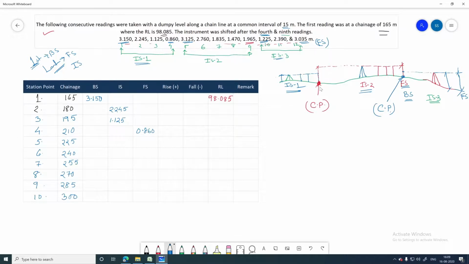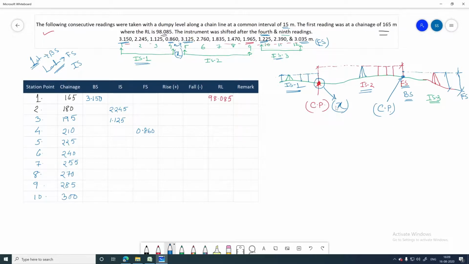You can also see in this diagram, these two points indicate the fourth and fifth readings. Suppose this is x. At this x point we have two values, 0.860 as well as 3.125.